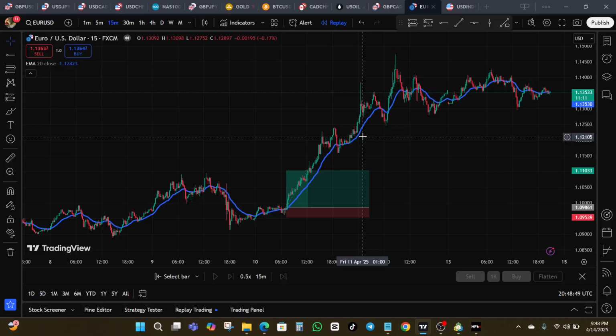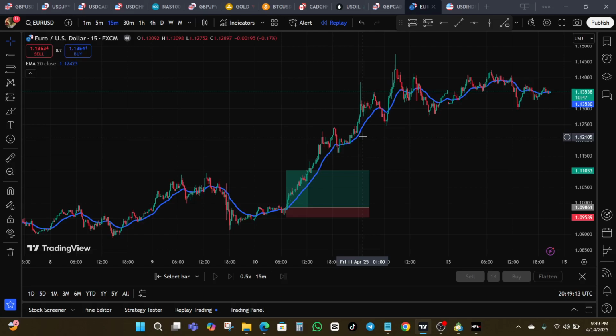You repeat the process to test across multiple scenarios, sessions, or market conditions. Then you also need to adjust and refine. Okay, backtesting is not just about collecting wins, it's about spotting weak points in your strategy. Are you entering too early? Are your stops too tight?